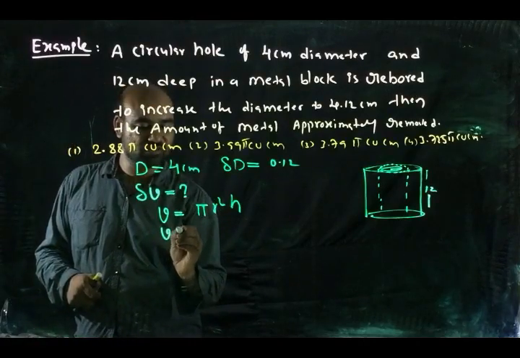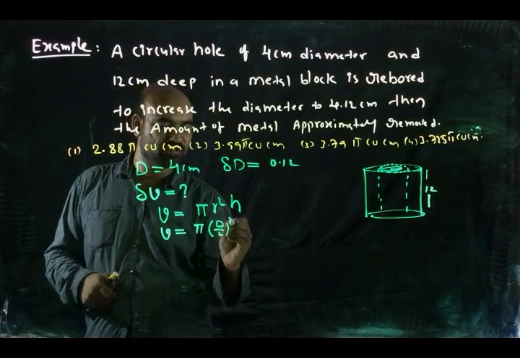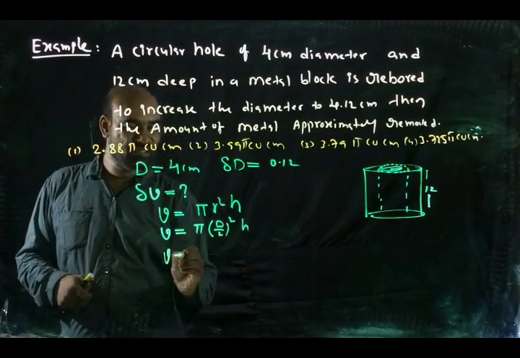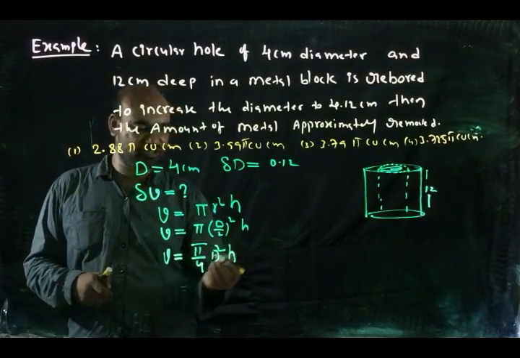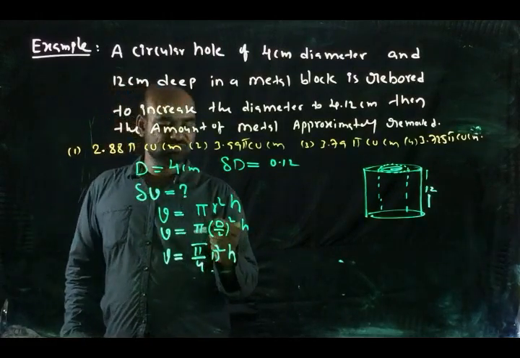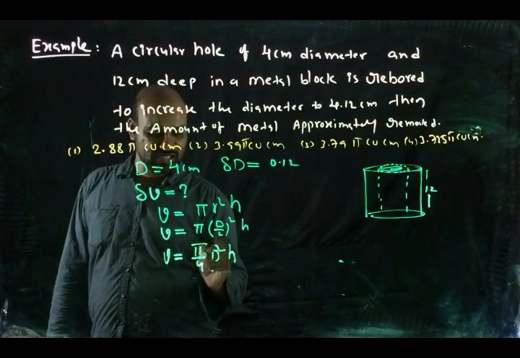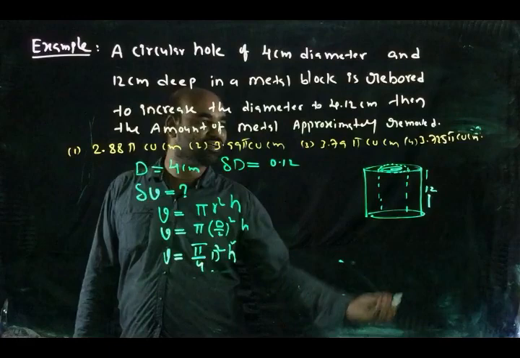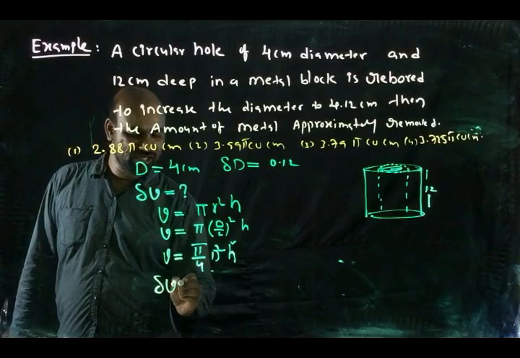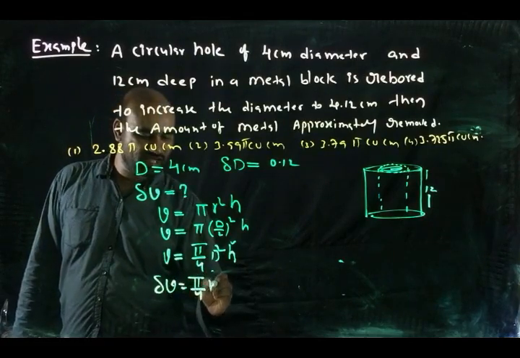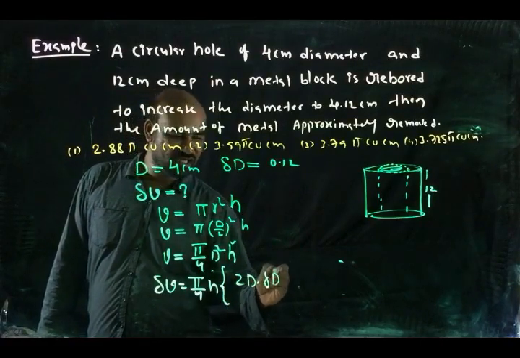I want to convert small r in terms of D. Pi into D by 2 whole square into h, or V is equal to pi by 4 D square h. Here pi is constant, 4 is constant, h also is constant, as the height of the cylinder remains the same. So differentiating, delta V equals pi by 4 h, these are all constants, into 2D into delta D.